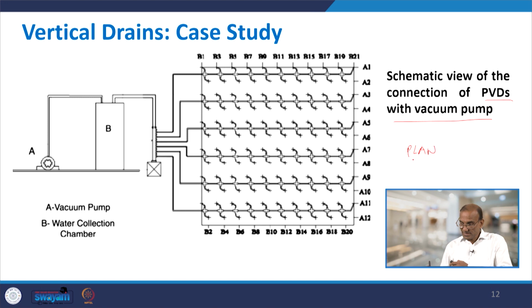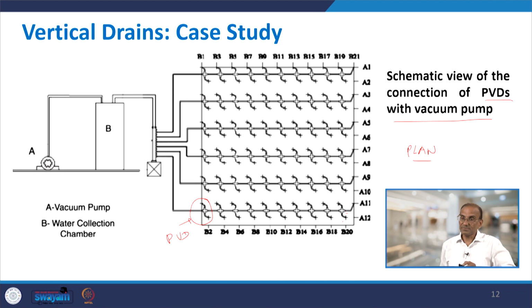For example, 10 PVDs on this side and 6 on this side, so 60 PVDs in one case, and the 60 PVDs are for the vacuum pump.